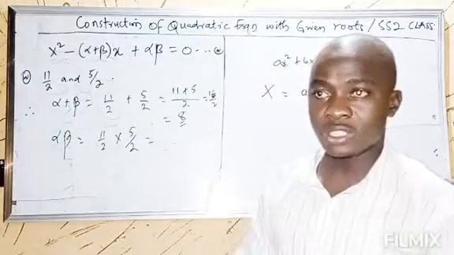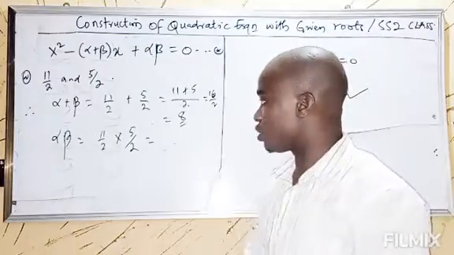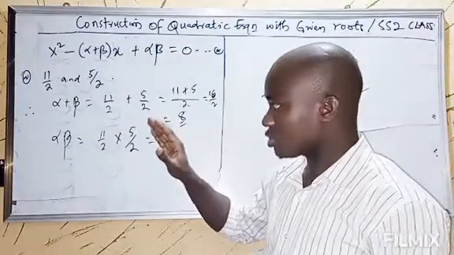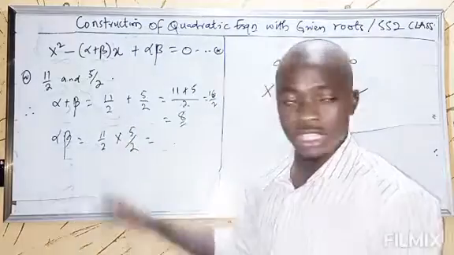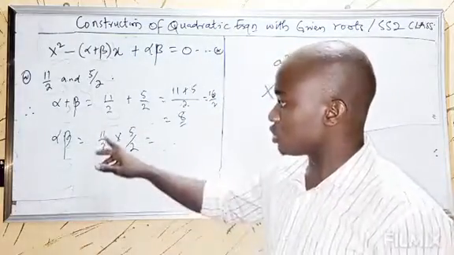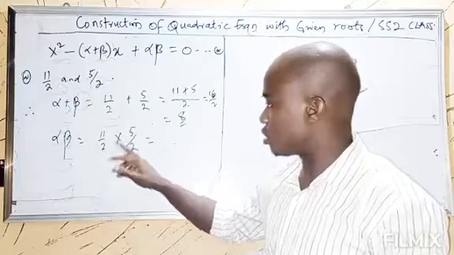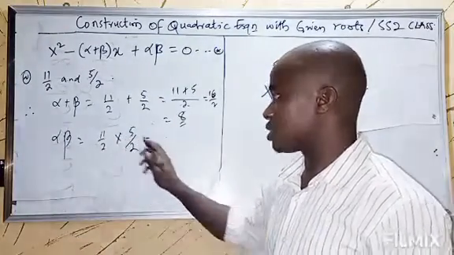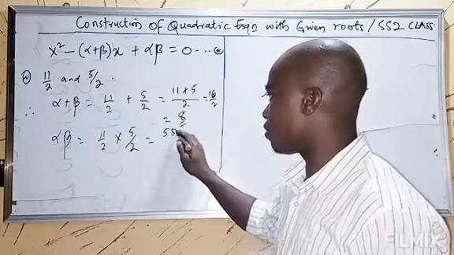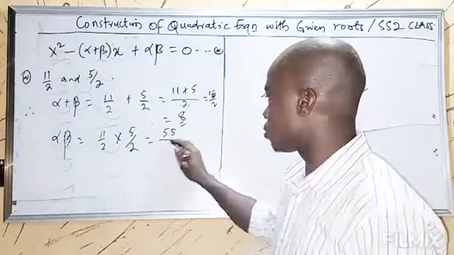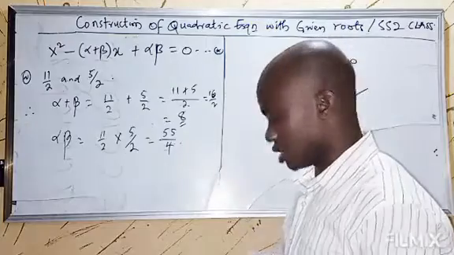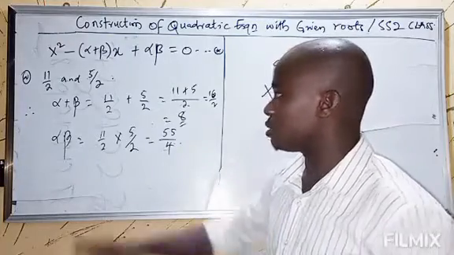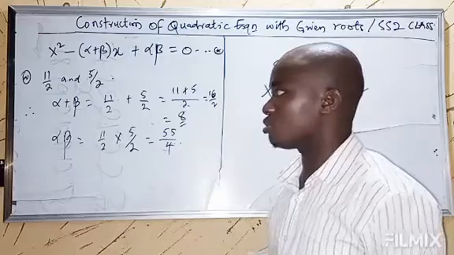There is no need of taking the LCM. We multiply the numerator by the numerator, and the denominator by the denominator. So 11 times 5 we have 55, then 2 times 2 we have 4. So the product of the roots is 55 over 4.